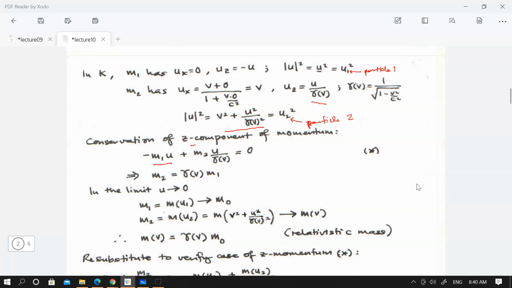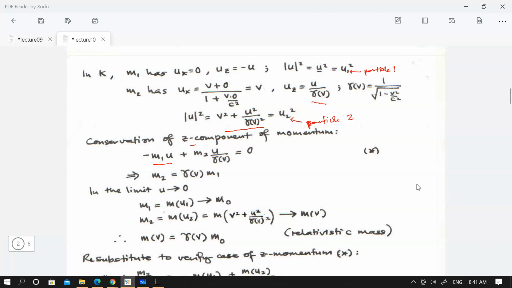Our requirement here is that when u goes to 0, your mass will go to the rest mass. In the case of m2, m2 is given by that, and your u2 magnitude is given by this addition of squares.